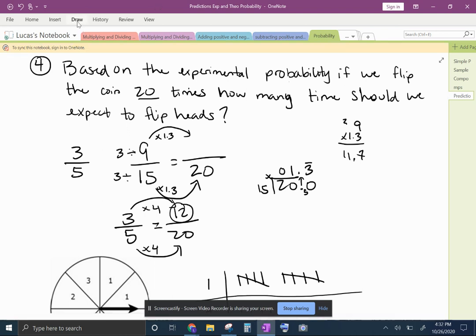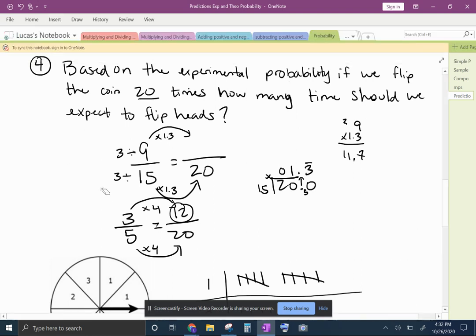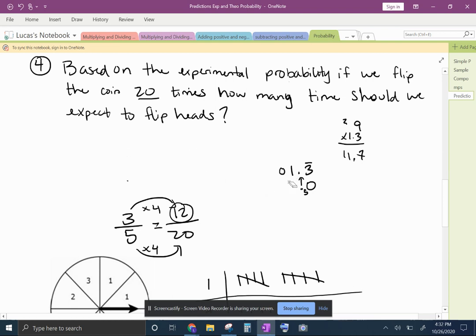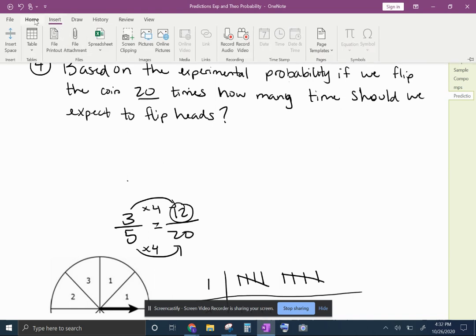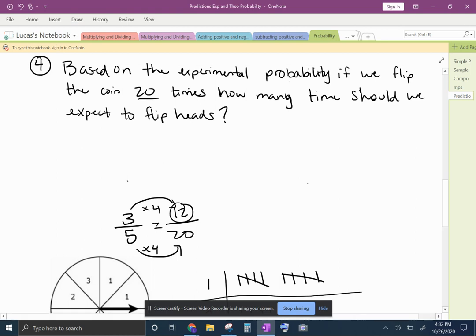Here's another way to do it. So all we're doing is we're using this proportionality piece that we've been using for the longest time now, and we're using it in a different context.